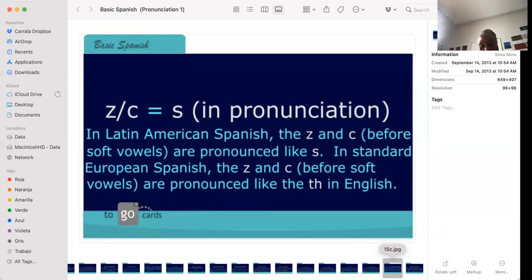And when you're talking about the Z, when you're talking about the C followed by E, the ending to CER, CIR, versus when it's ZAR. I hope I'm clear, because this is important. It might be technical, but it's important.